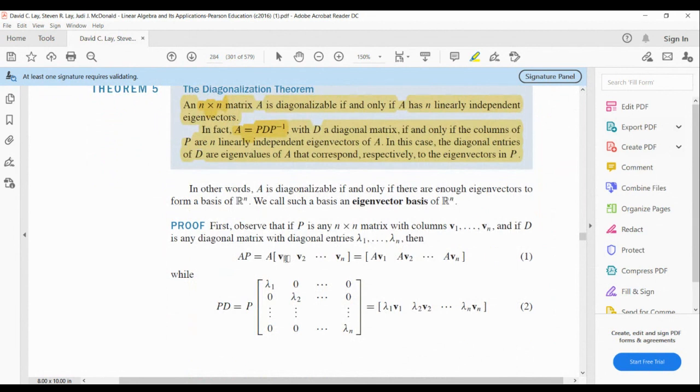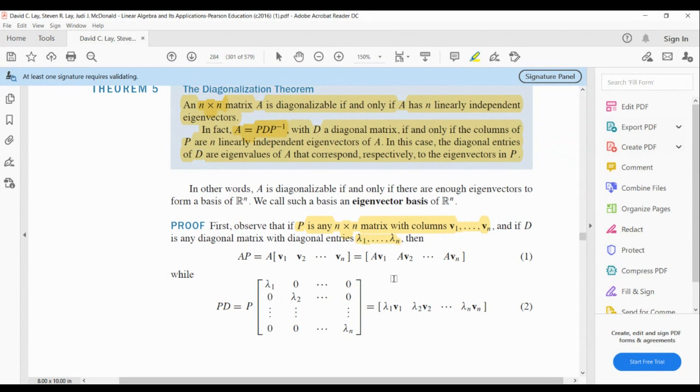So what they do is they say, let's suppose P is an n by n matrix with column vectors v1, v2, v3 up to vn, and D is any diagonal matrix with diagonal entries lambda 1 through lambda n. Okay, that's what we're doing here.